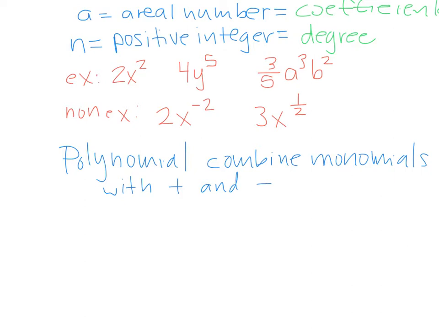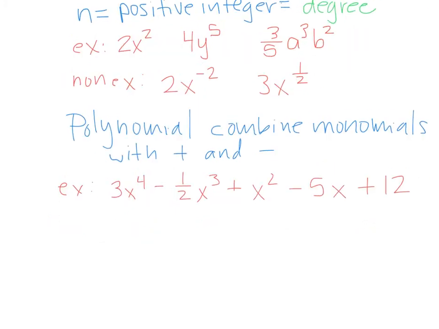So, for example, 3x to the 4th minus 1/2 x cubed plus x squared minus 5x plus 12. That is an example of a polynomial.